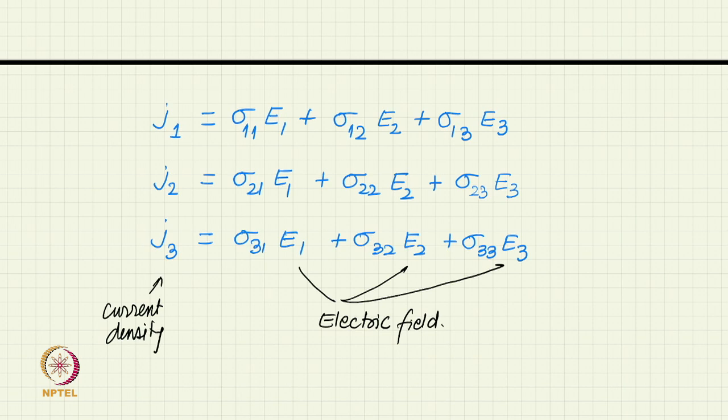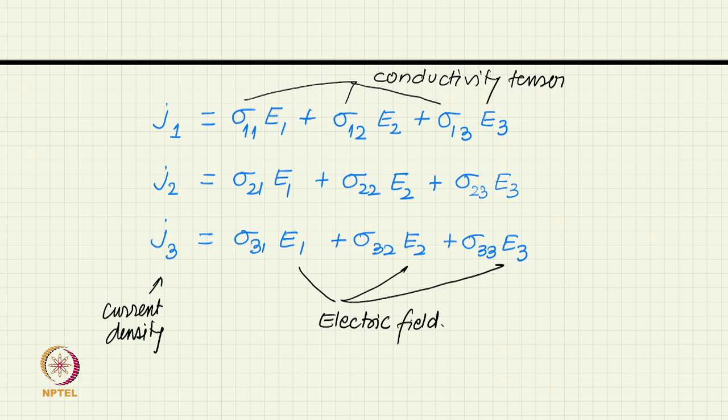So, each component of the current density is related to the 3 components of the electric field, and that gives 3 components of the conductivity tensor. These quantities are the conductivity tensor.